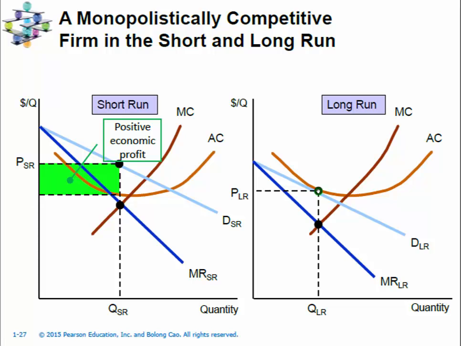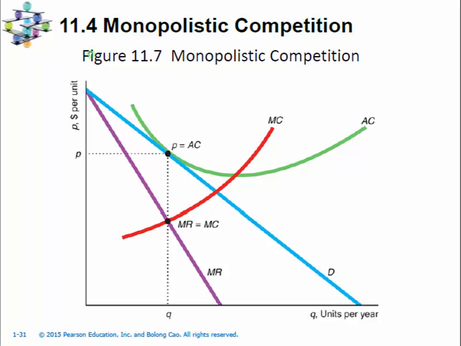So that's why the long-run picture has to look like this. Every firm is maximizing its own profit following the marginal revenue equal to marginal cost rule and gets a price that just equals their average cost, since they cannot make a positive economic profit.